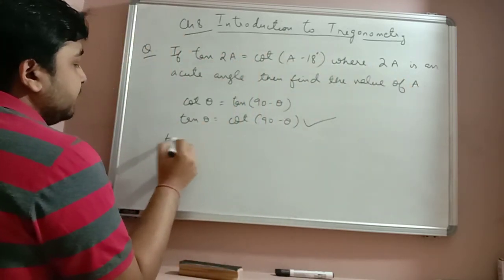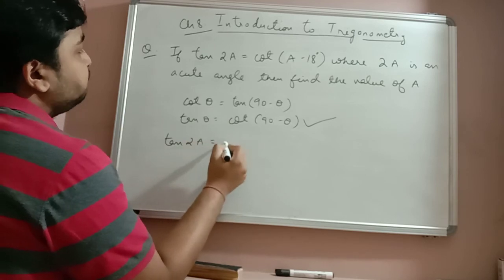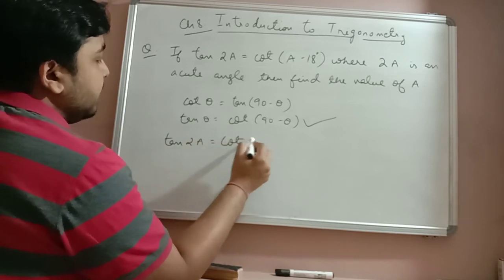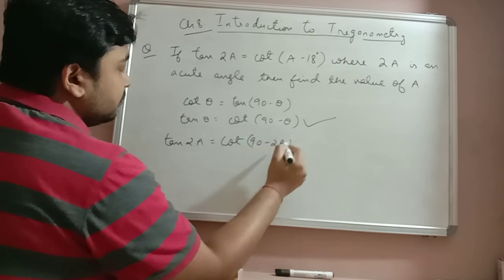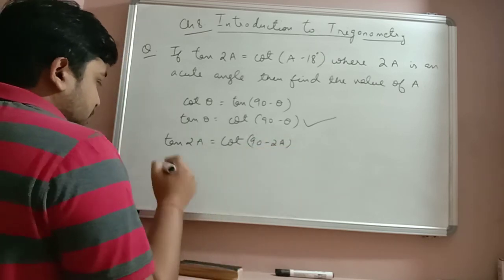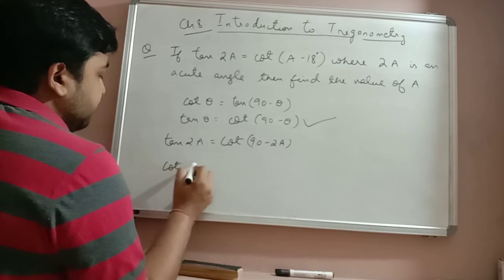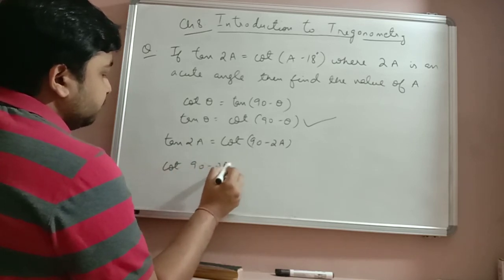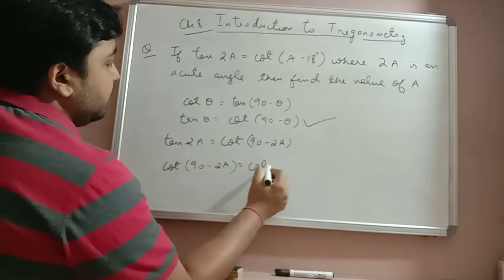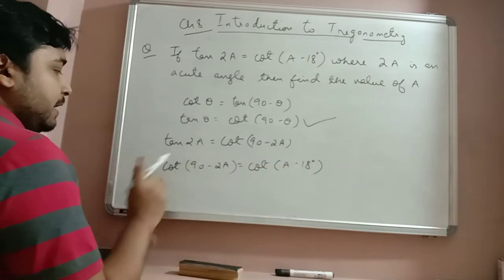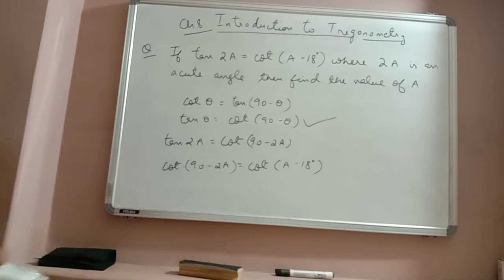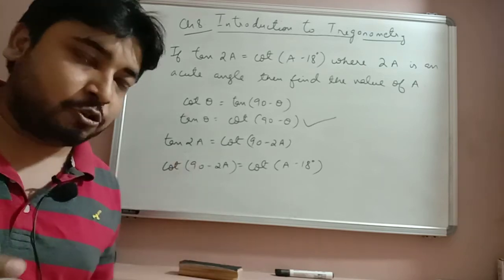So tan 2A can be written as cot(90 - 2A). So we got cot(90 - 2A) equals cot(A - 18 degrees). Here cot ratios are equal, so the angles have to be equal.